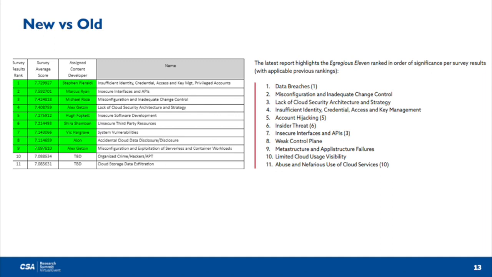I don't think I see that one. Instead, now we have cloud storage data exfiltration, which would have worked, for instance, on the Capital One case, because that was cloud storage data that was exfiltrated. And so we got a bit more granular with that. And if you remember me saying those numbers, the survey average scores, you see how close 10 and 11 were?